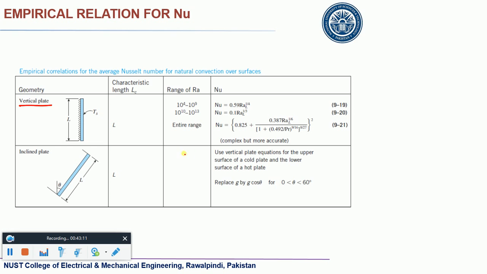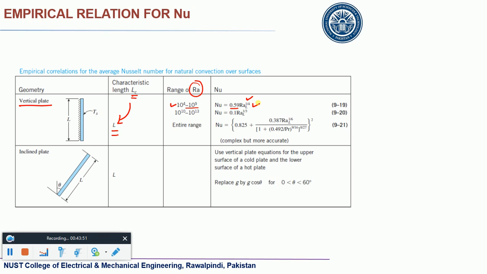This is the vertical plate, and characteristic length would also be given for all the geometries. In case of flow over a vertical plate, you would consider its length as the characteristic length. For this range of Rayleigh number, remember this is not Reynolds number, this is Rayleigh number now. And what is the Rayleigh number? It is the product of Grashof and Prandtl. What is the value of C over there? What is the value of n? 1/4.